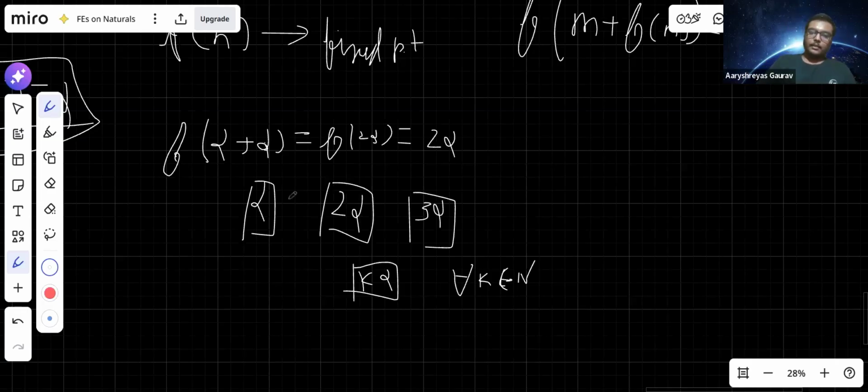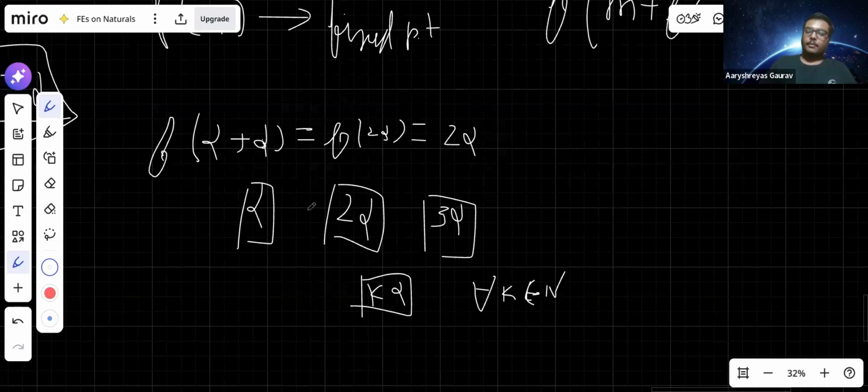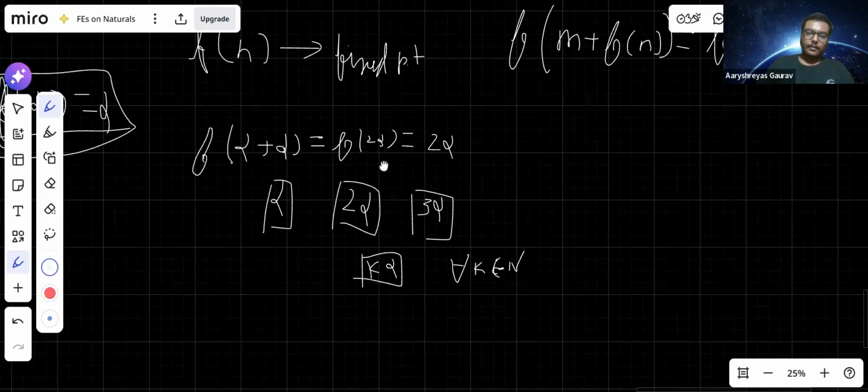Now we have seen that the multiples are fixed points. What about any number between the multiples, like between alpha and 2 alpha, or between 2 alpha and 3 alpha?